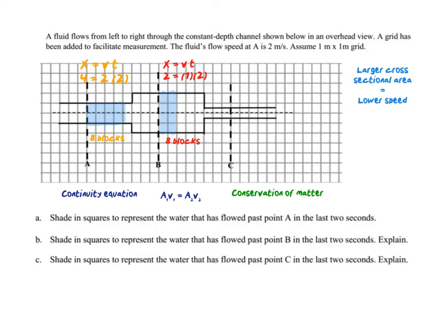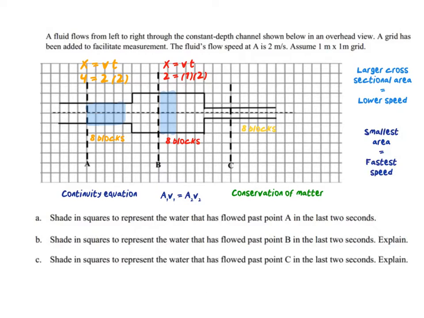Then part C says shade in squares to represent the water that has flowed past point C in the last 2 seconds. Explain. So again, we're just needing 8 blocks, and we also need to make sure that it makes sense, right? So in this case over here, this is even smaller than A, so it should be moving faster.